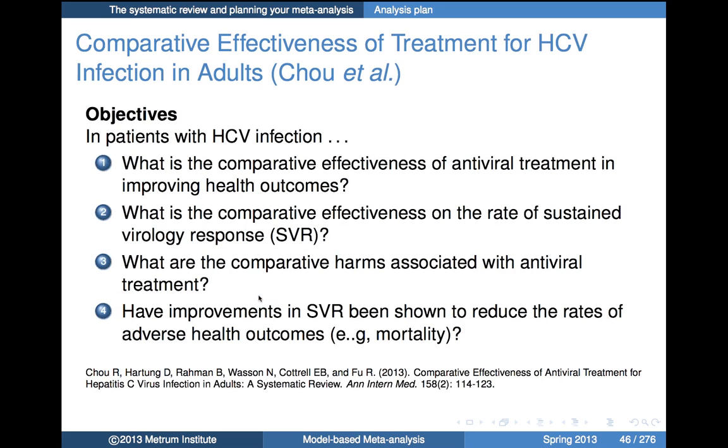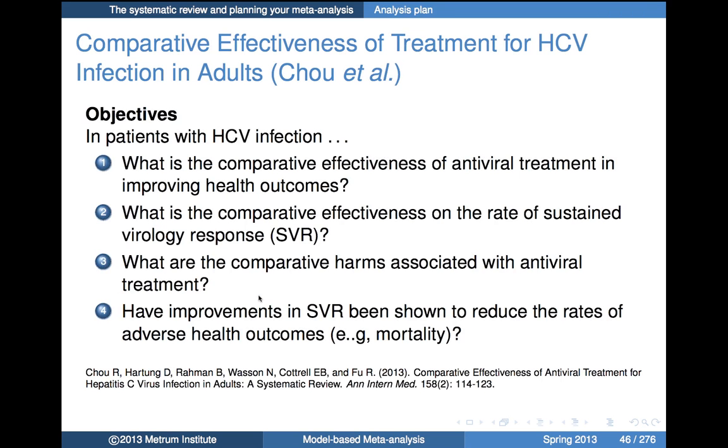So let's look at 2 examples now of how we can think about stating some of the key elements of an analysis plan. And so I'm going to take 2 examples from the relatively recent literature. The first one here is a paper that was published in the Annals of Internal Medicine earlier this year on the comparative effectiveness of treatment for hepatitis C virus infection in adults.